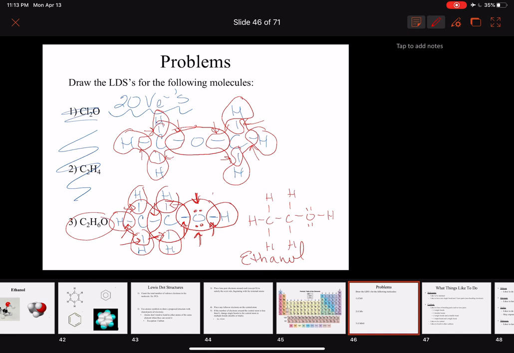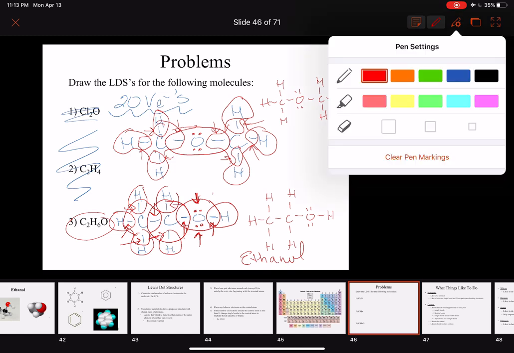And good thing we have 4 electrons left over, because we can give it 2 lone pairs. And that structure right there is dimethyl ether. So to draw it again for you, this is dimethyl ether.